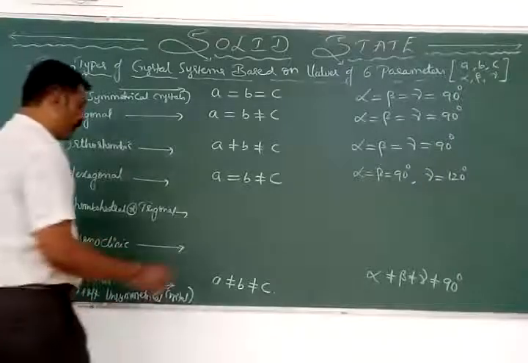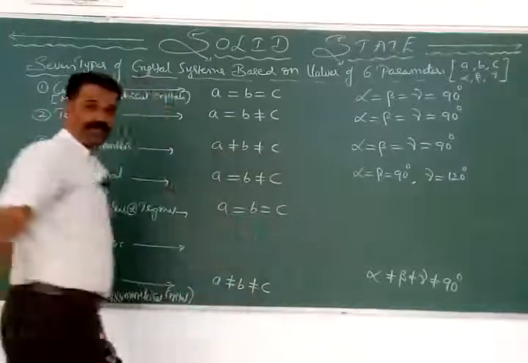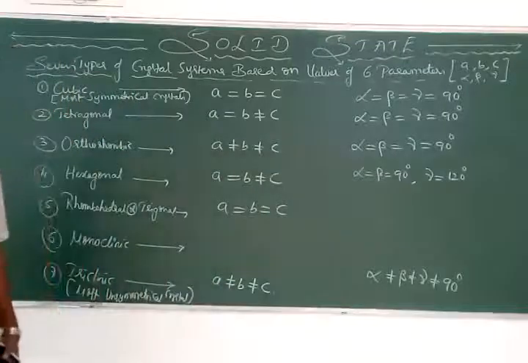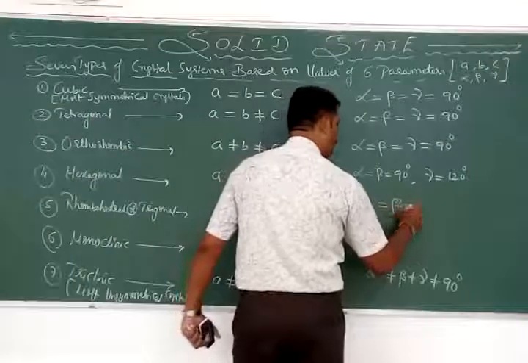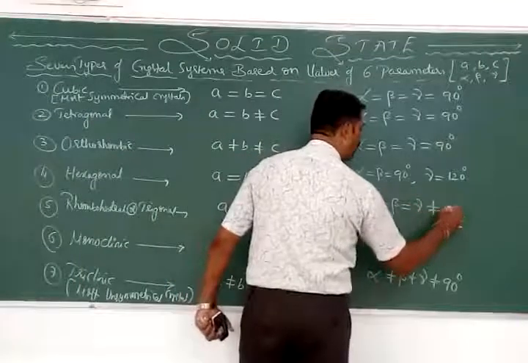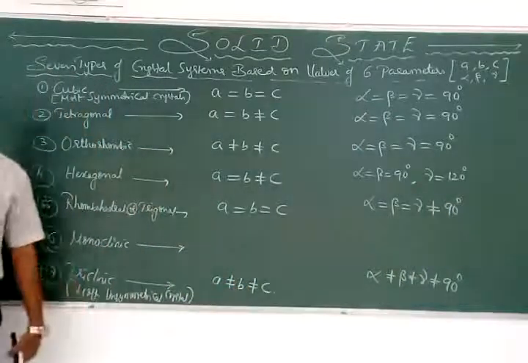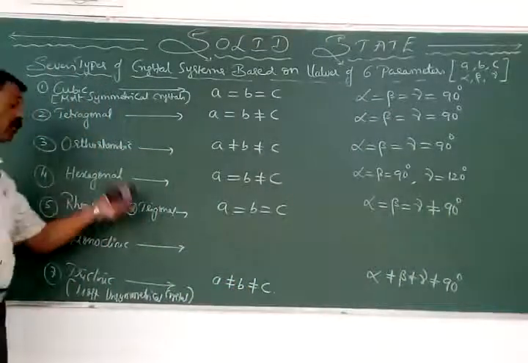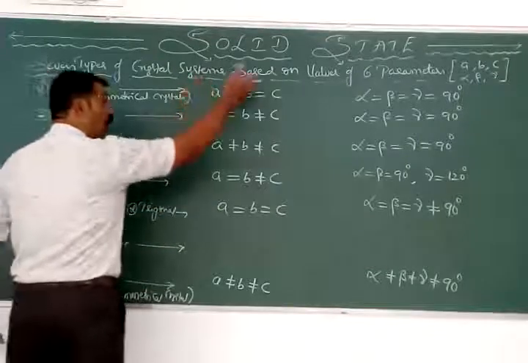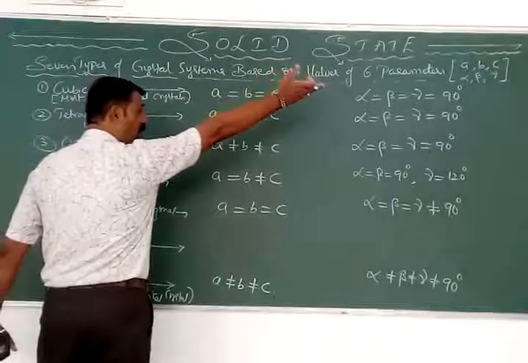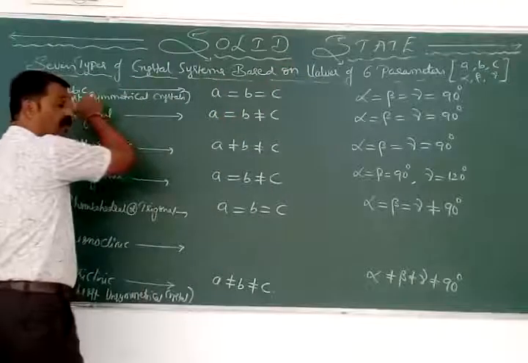Rhombohedral means here a is equal to b is equal to c. But alpha is equal to beta is equal to gamma, and it is not equal to 90 degrees. Then it refers to the trigonal crystal system, or it is also called rhombohedral. If all edge lengths are equal and the axial angles are equal and mutually perpendicular at 90 degrees, that refers to cubic.